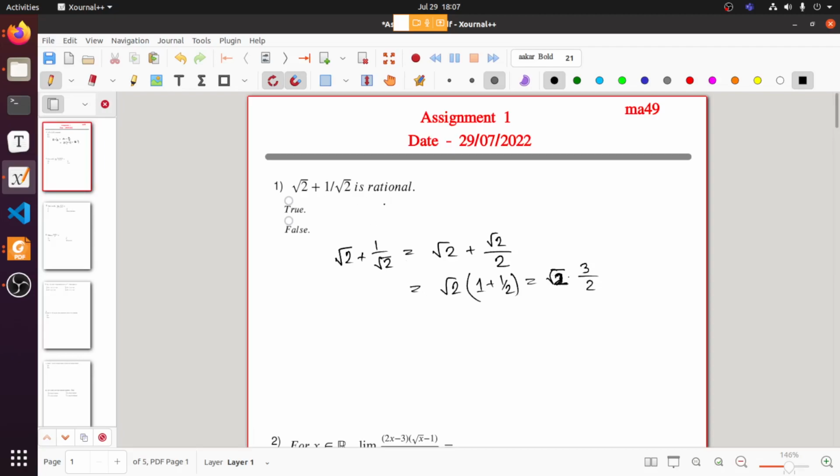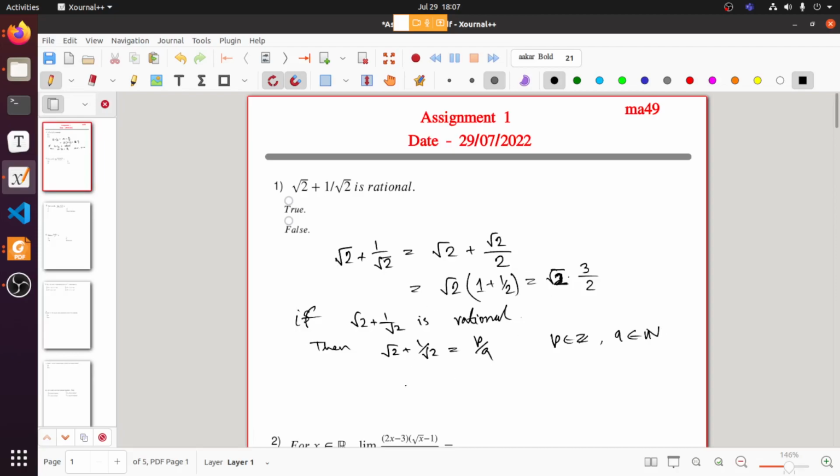Now suppose this is rational. Then what is the definition of a rational number? If root 2 plus 1 by root 2 is rational, then you can write root 2 plus 1 by root 2 as p by q, where p belongs to Z and q belongs to natural numbers, right?